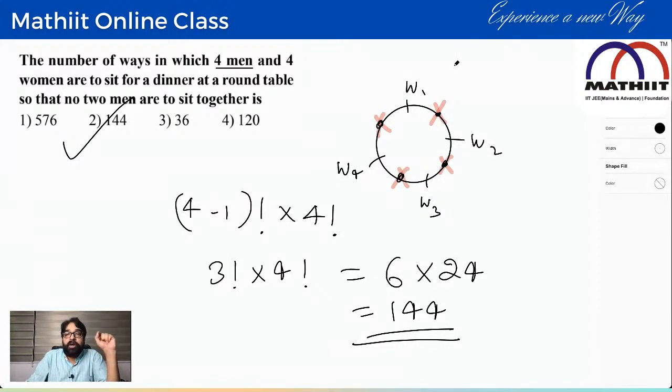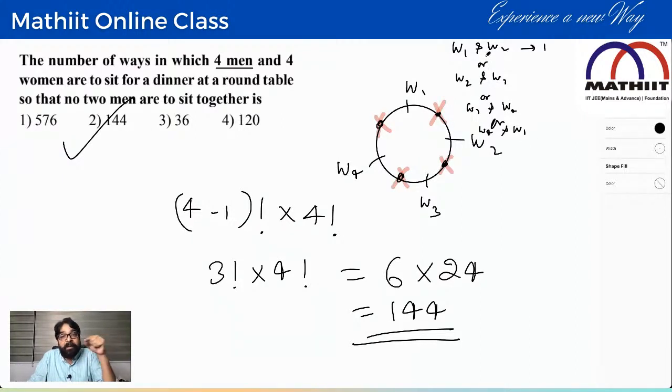Men have to come between W1 and W2, or W2 and W3, or W3 and W4, or W4 and W1. Yes or no? So how many places for men? 1, 2, 3, 4. And these places have numbering, having marking. This one is between W1, W2. Whenever marking is there, that is a row arrangement. So 4 places, 4 objects, 4 men, so we'll say into 4 factorial.